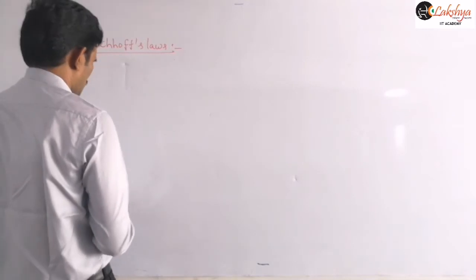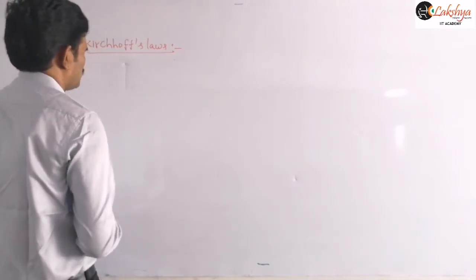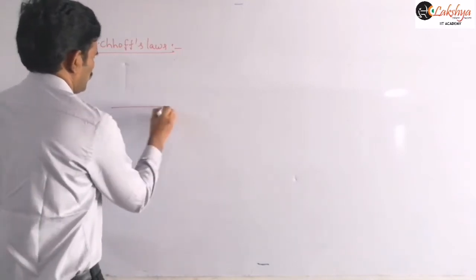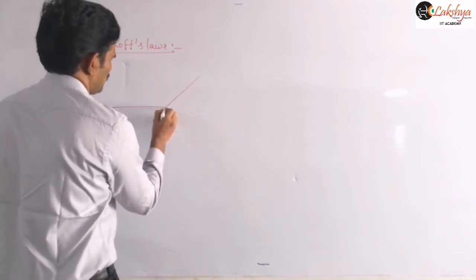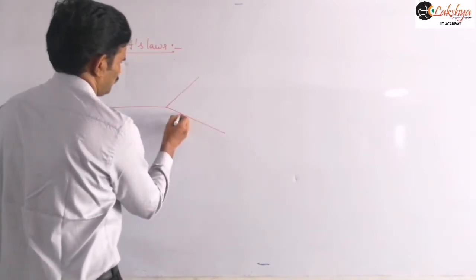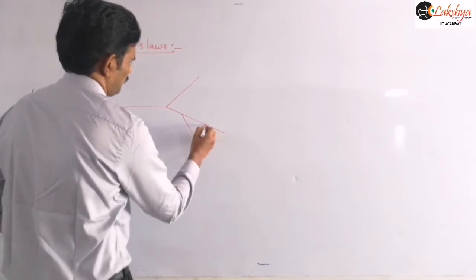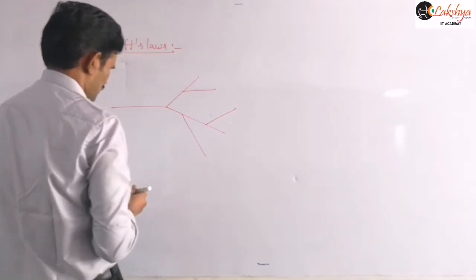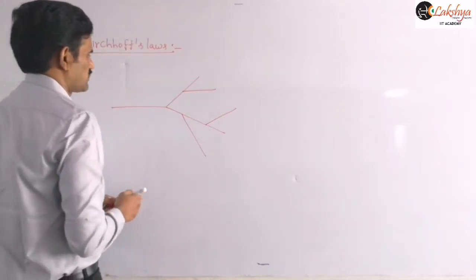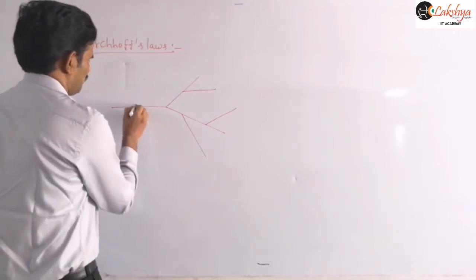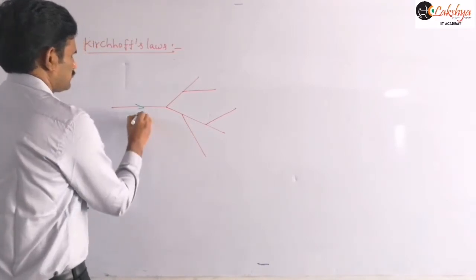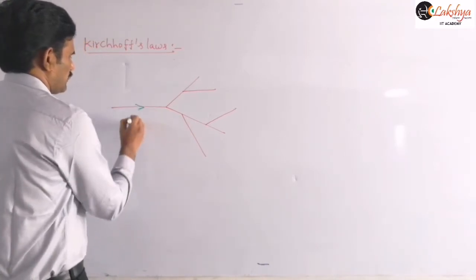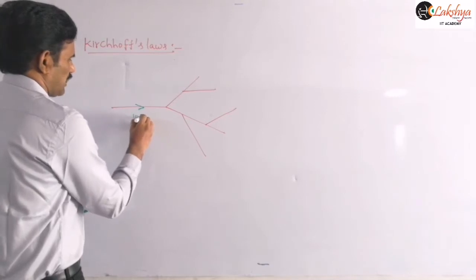Now here, for example, I am taking this circuit. That means a junction is represented here. Right. So now I am giving some values here. This is some 10 amperes.